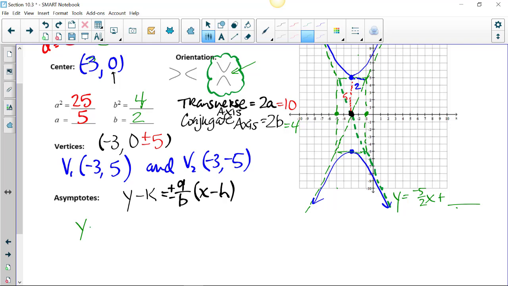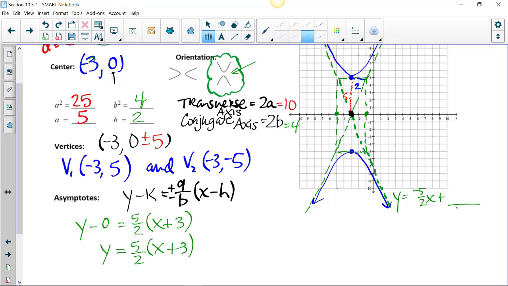So I have y minus k, k is 0, equals a over b, which we know is 5/2, times x minus -3, which is x plus 3. Okay, so that's the first form that we could write it in, but because it's 0, we probably would just go to the second form, 5/2 times x plus 3.